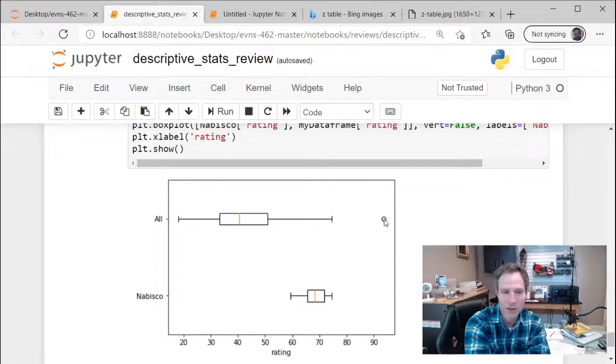So in other words, in this case, the interquartile range is this distance right here, and the length of this whisker is 1.5 times that distance. So this value is beyond that distance, so it's considered an outlier and it's labeled with a circle.